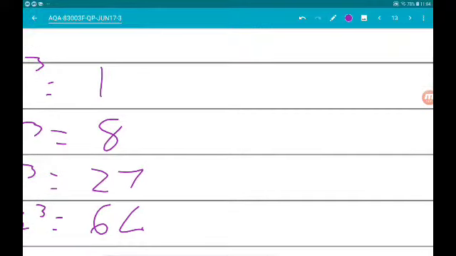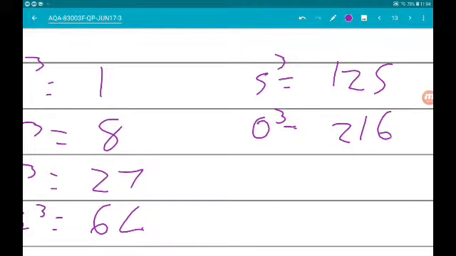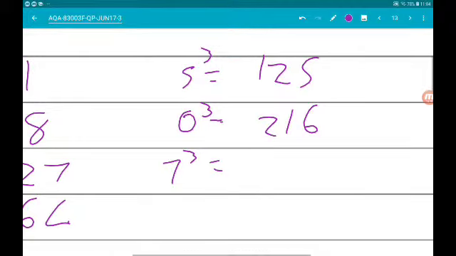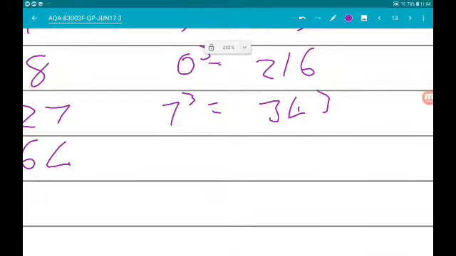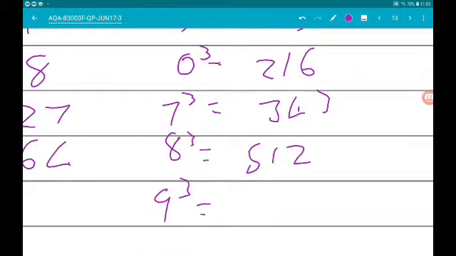5 cubed though is 125, 6 cubed is 216, 7 cubed is 343, 8 cubed is 512, 9 cubed is 729.